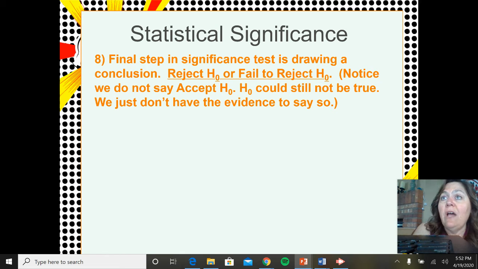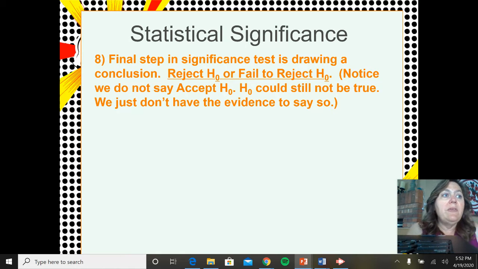But notice we're not saying we accept H0. We're not proving H0 is true, because there's still a chance that with our sample, it could happen 5% of the time. So we're not saying that H0 is false or wrong. We're just saying we either reject it or we fail to reject it. We don't have enough evidence.